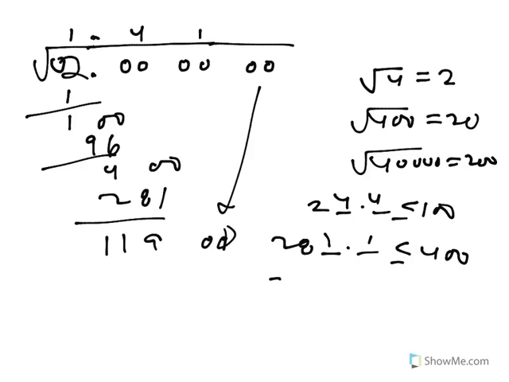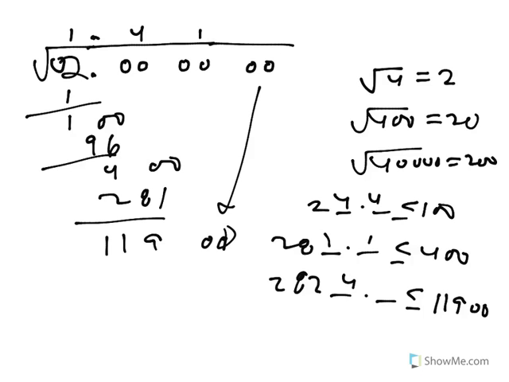Now we say 282, that's double of 141. 282 something times something has to be less than or equal to 119, or 11,900.